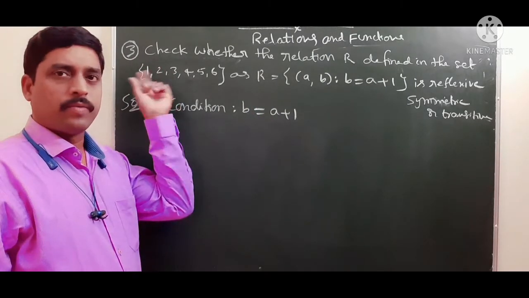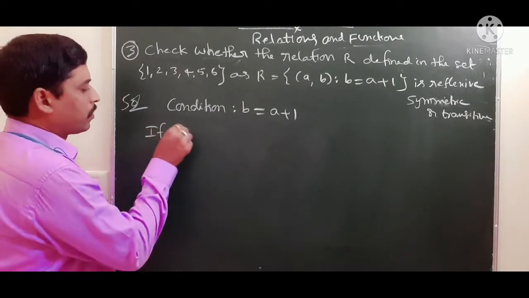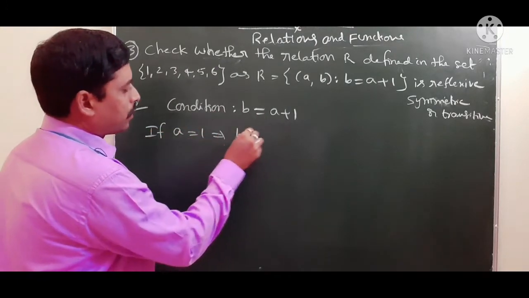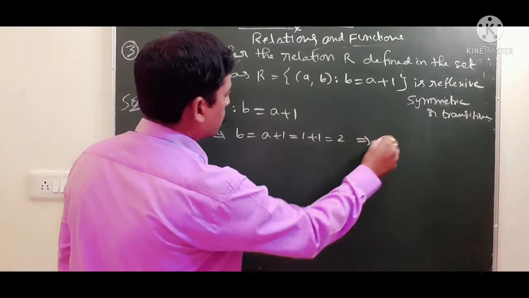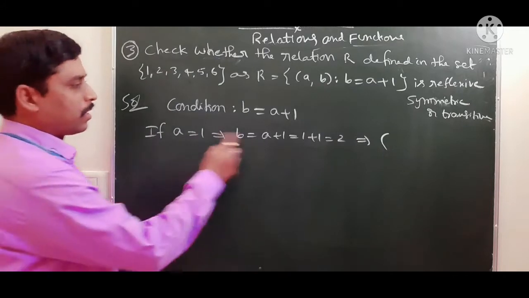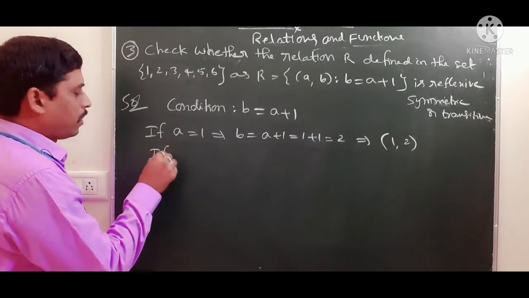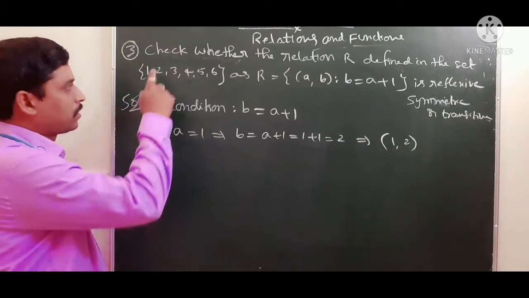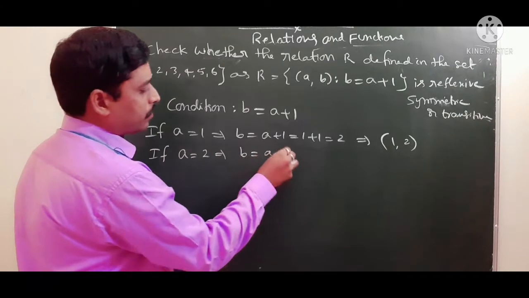Let us take A is equal to 1, then find out the B value. If A is equal to 1, then B is equal to A plus 1, 1 plus 1 is equal to 2. Therefore, this ordered pair is 1 and 2. Second, let us take the second element, A is equal to 2, then find out the B value.